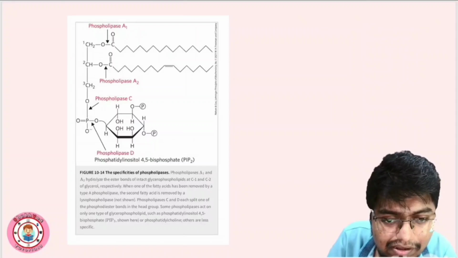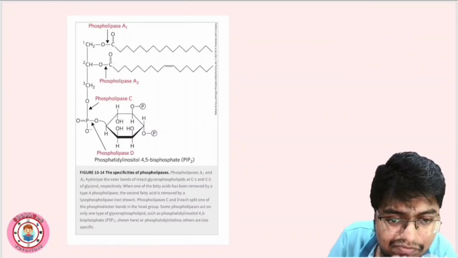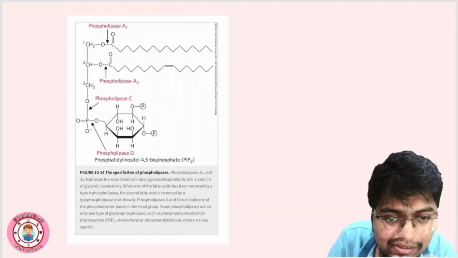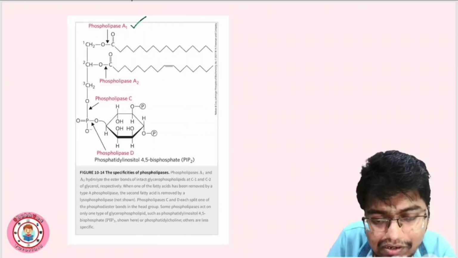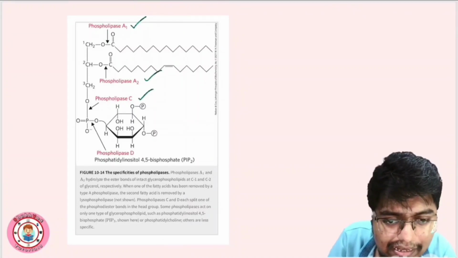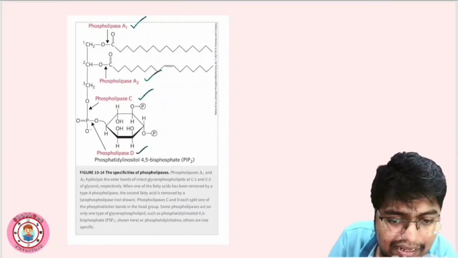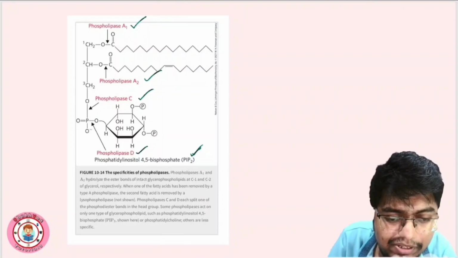so this is a phospholipase which degrades the phospholipid. There are types: phospholipase A1, phospholipase A2, C, and D. This molecule is basically PIP2, phosphatidylinositol 4,5-bisphosphate. This is used in the signaling process, right?